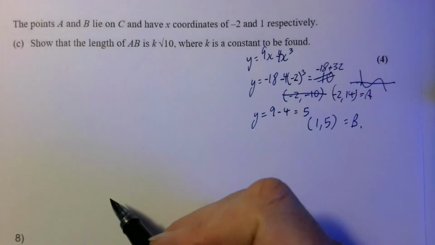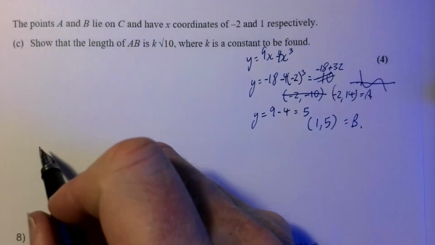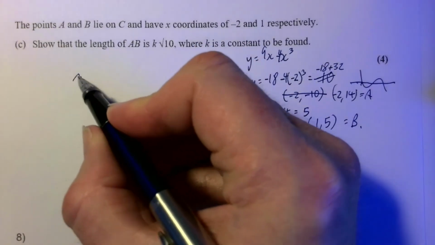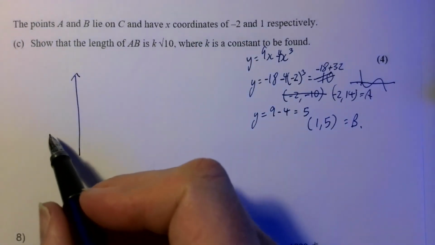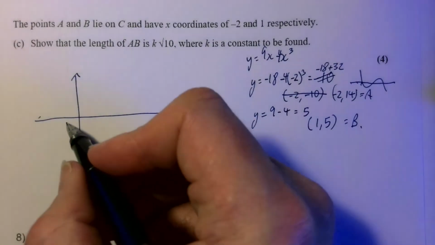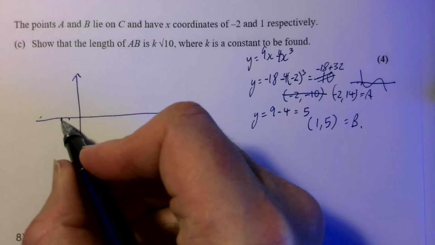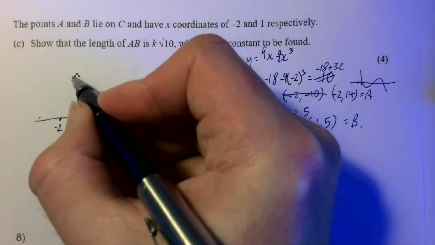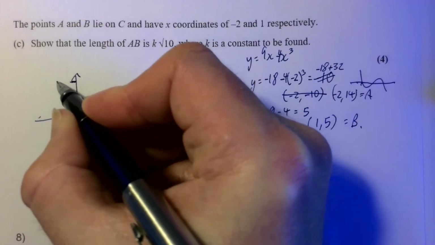Now all I'm going to do is make a little sketch, and then we're going to be using a bit of Pythagoras. So I've got -2 and 14. I'll call this bit up here 14.